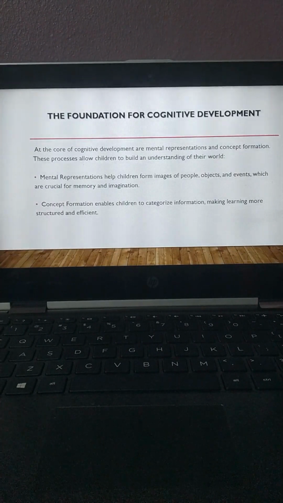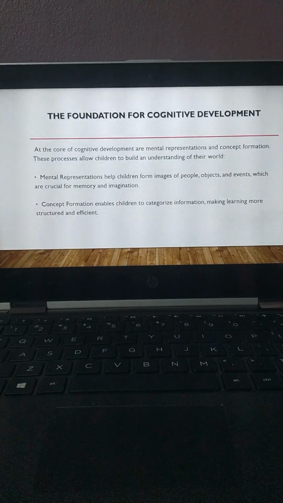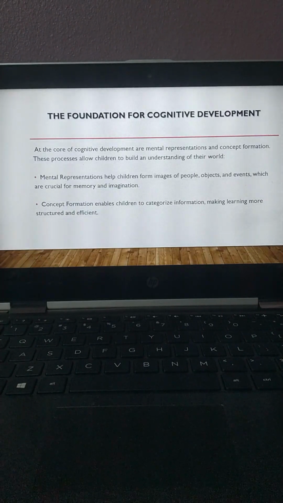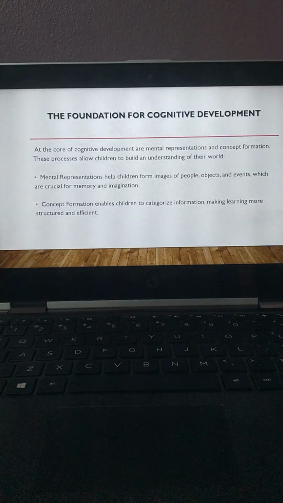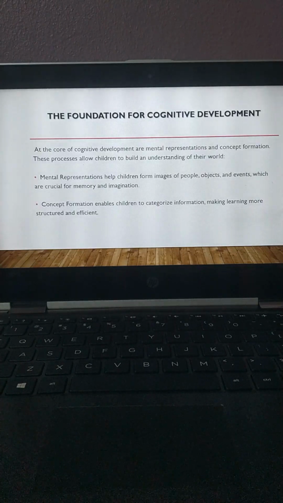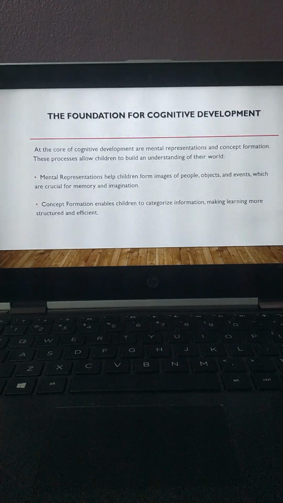The foundation for cognitive development. At the core of cognitive development are mental representations and concept formation. This means that mental representations and concept formation are like the very beginning. They are very essential for foundation.